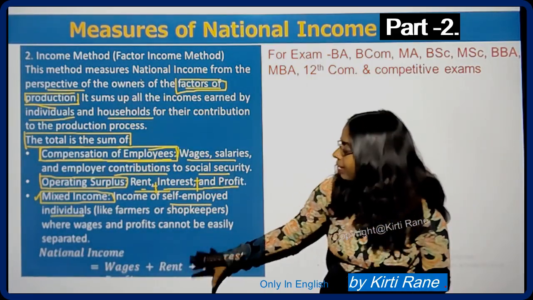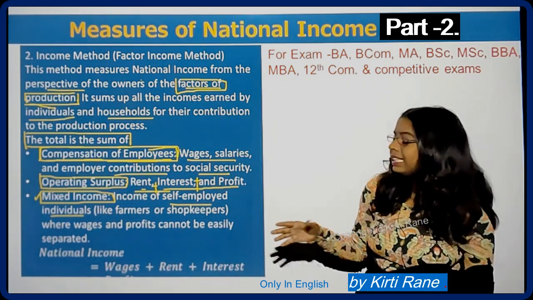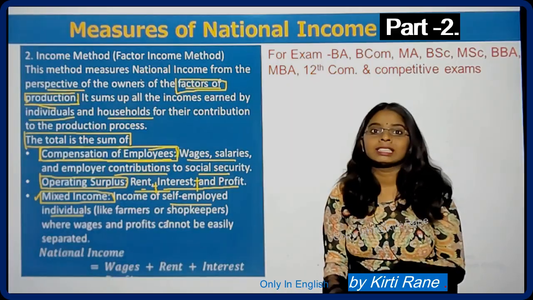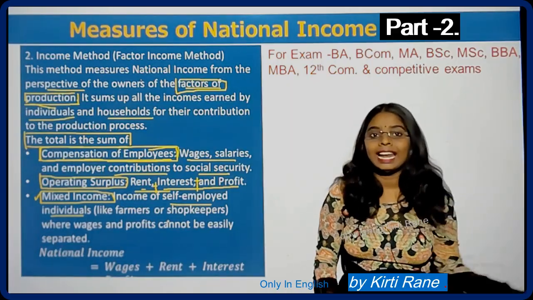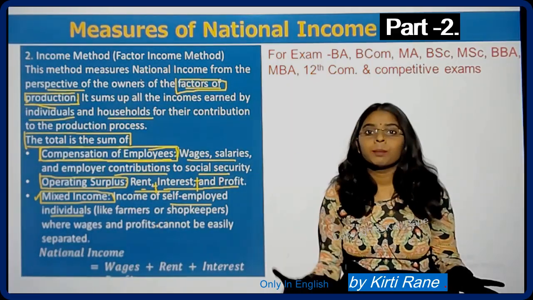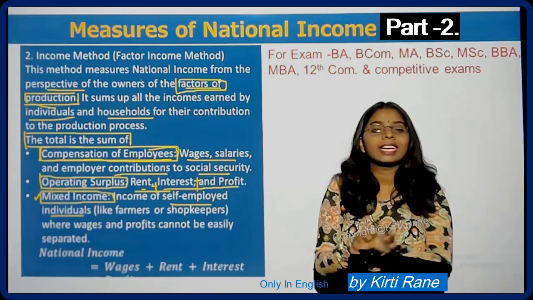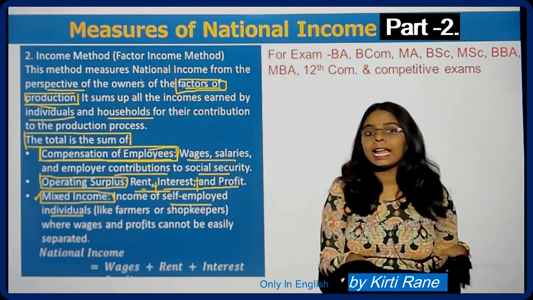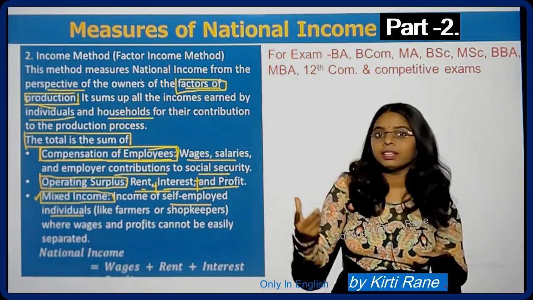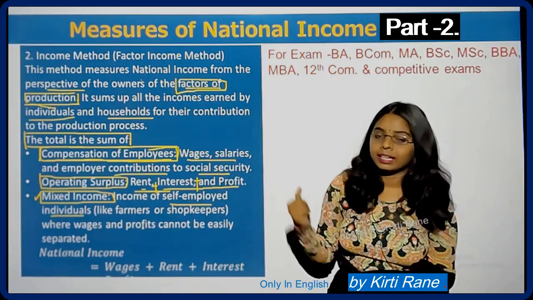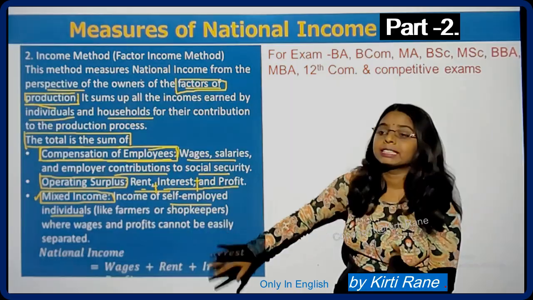Their wages and profit cannot be easily separated. We cannot separate what is the part of their salary and what is the part of their profit. If you are farming by yourself, you cannot say, this was my salary and this is the extra that I earned on top of my salary, right? That's why it is termed mixed income.